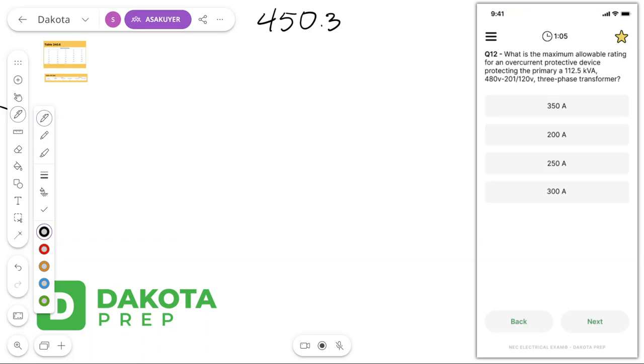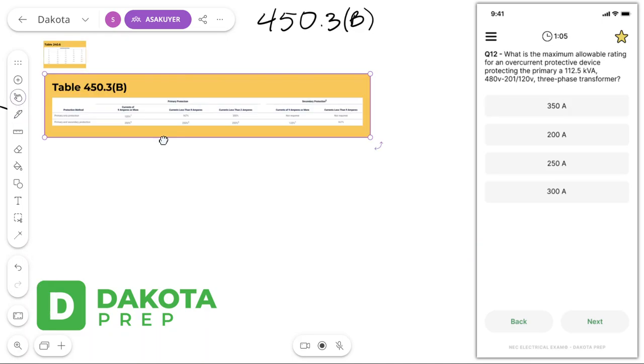And when we talk overcurrent protection, for less than 1,000 volts, that's 450.3B, and over 1,000 volts, 450.3A. So, okay, now 450.3B sends us to table 450.3B.